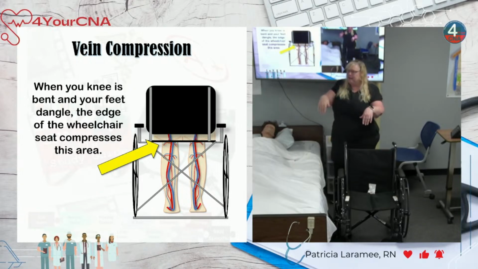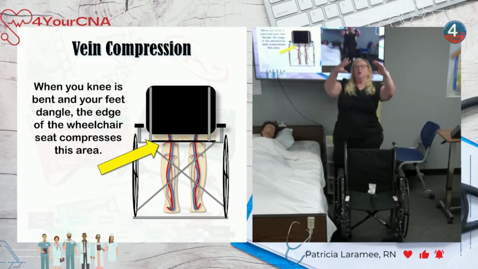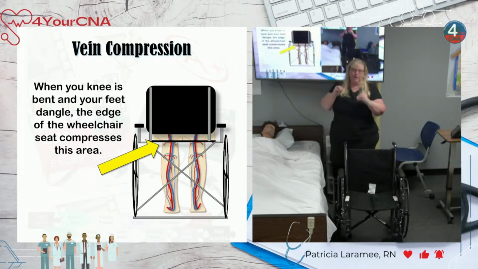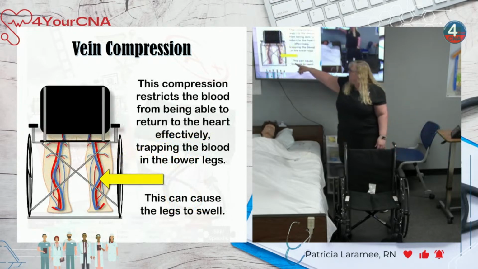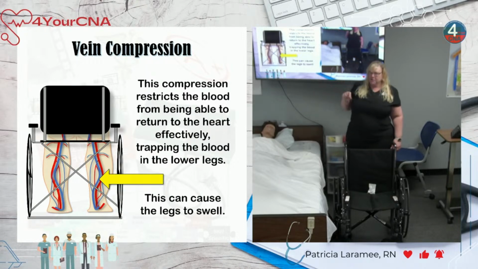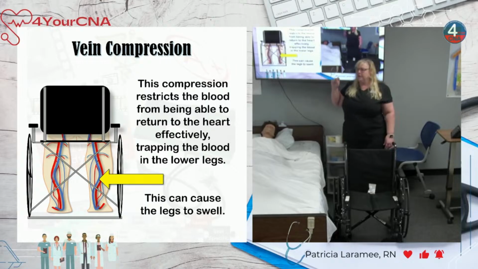If our feet are dangling, those blood vessels get crimped off. Now this will lead to swelling, but it also can lead to blood clots.